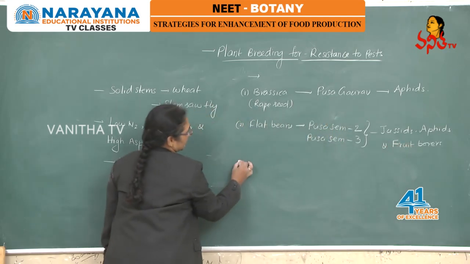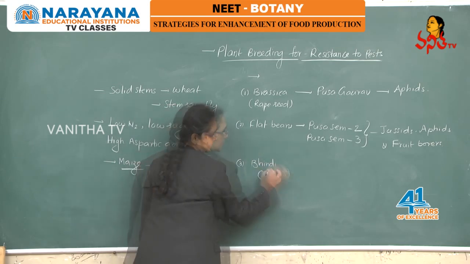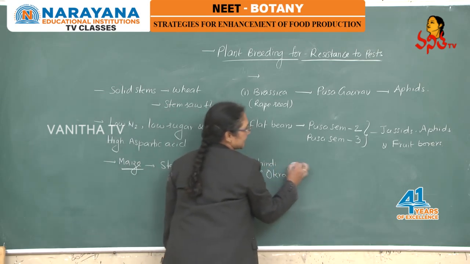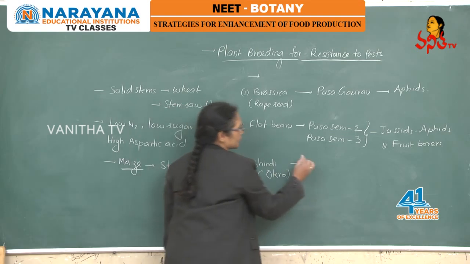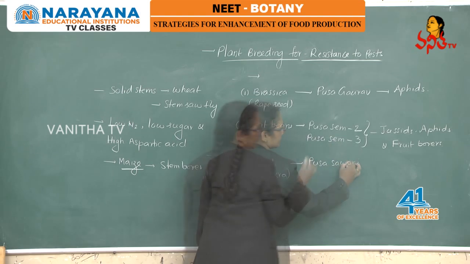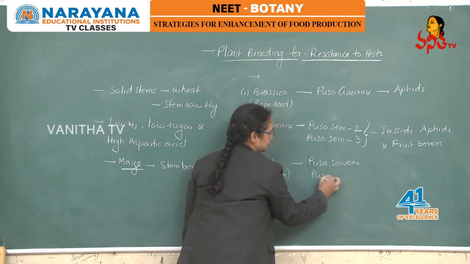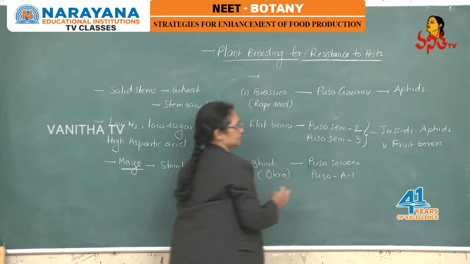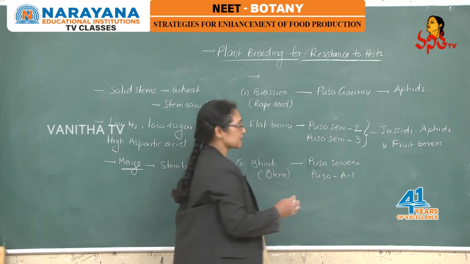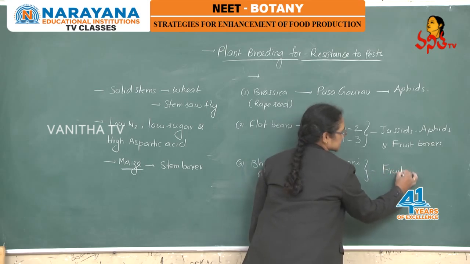And in okra, bhindi, lady's finger, a new variety developed by conventional plant breeding program is Pusa Sawani, or Pusa A1. So these are the hybrids which are resistant to fruit and shoot borers.